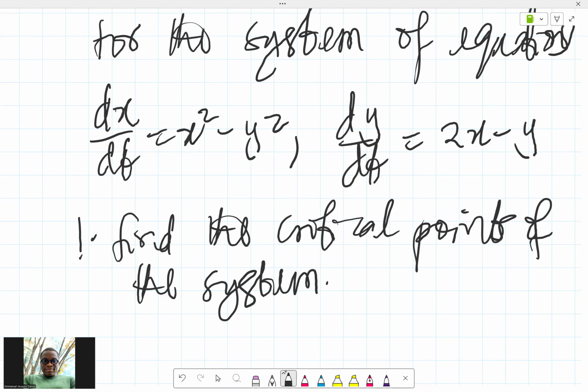Two, calculate the Jacobian matrix at the critical points.